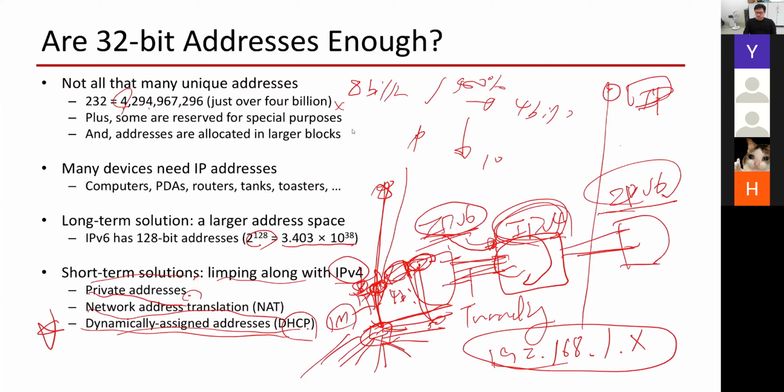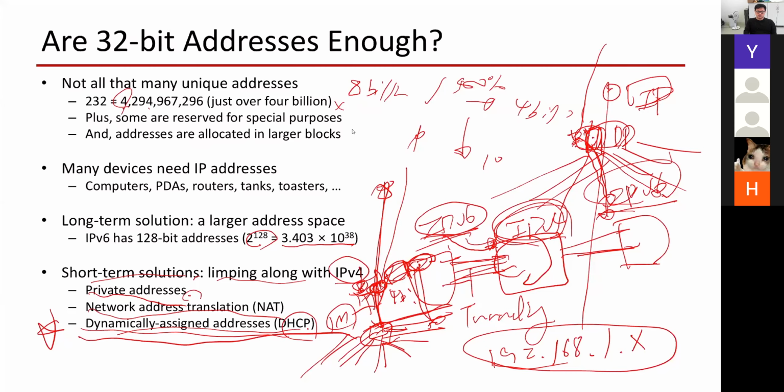SUNY Korea has one leader IP address or a couple of them, so they maintain their subordinates. Wherever they want to go outside, they go in the name of this IP. Then when it comes back, you know what, there is an optional field, so I can deliver exactly to you. That's the industry winner, DHCP.